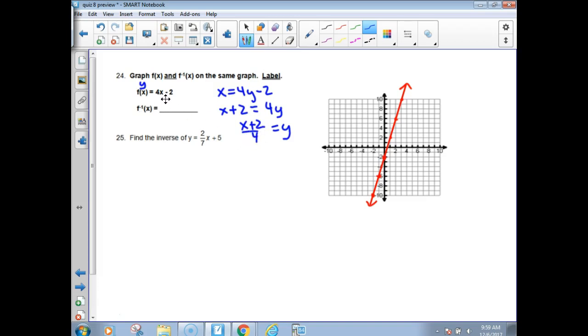I'm going to write 1/4 x plus 1/2. Well, yuck. The reason I say yuck is because I want to graph that using slope and y-intercept, but I probably wouldn't like that too much because of the fraction.